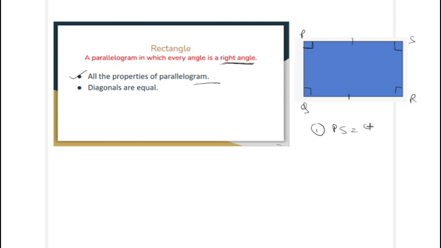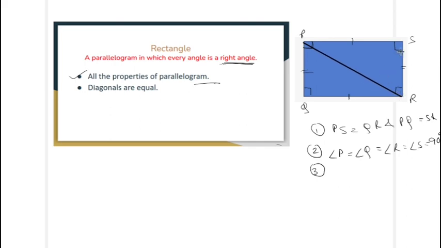PS equals QR and PQ equals SR. Now the second property of a parallelogram is that opposite angles are equal, and here all the angles are equal in this rectangle, which equals 90 degrees. Now property number 3 of a parallelogram is that the diagonals bisect each other. So here also the diagonals will bisect each other if we draw the diagonals.